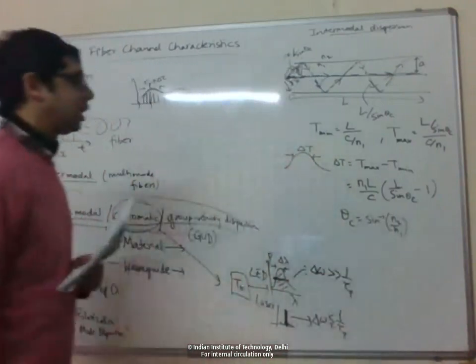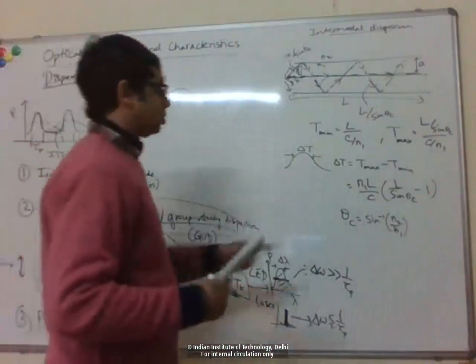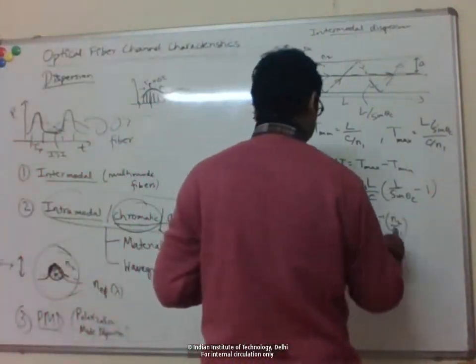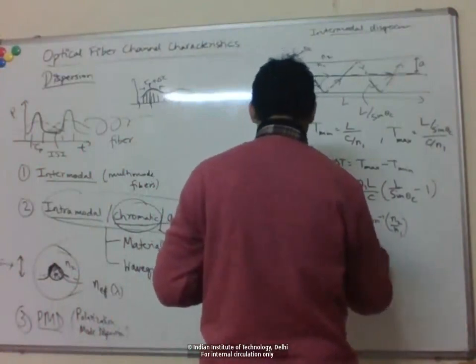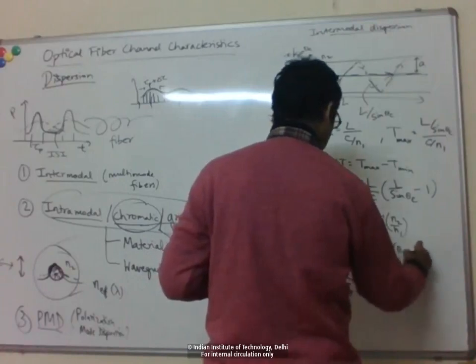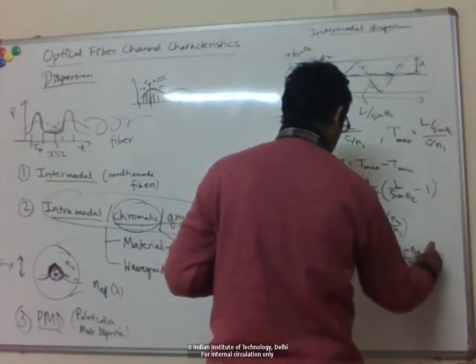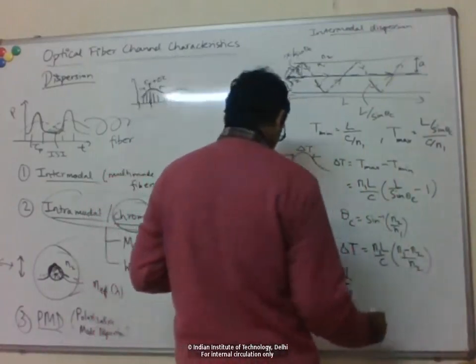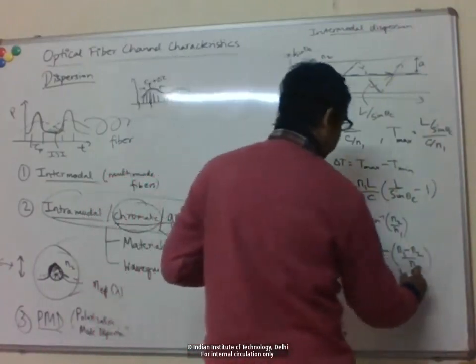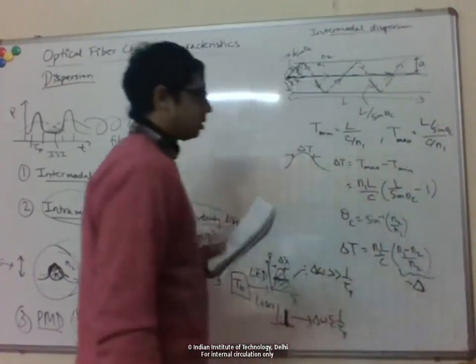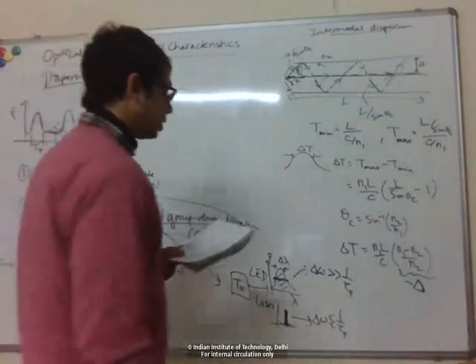That's the definition of the critical angle. So plug this in here and we get that. So this is basically just delta, the normalized refractive index difference.